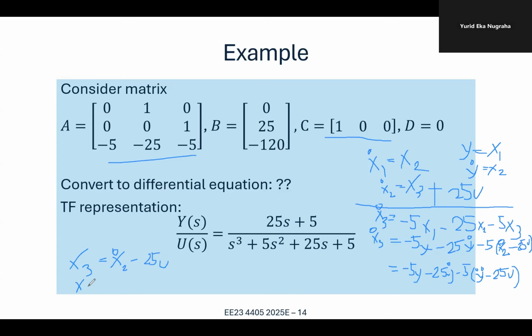Then x3 dot is x2 double dot minus 25 u dot. So what is x2, right? x2 is y dot, therefore x2 double dot is y triple dot.